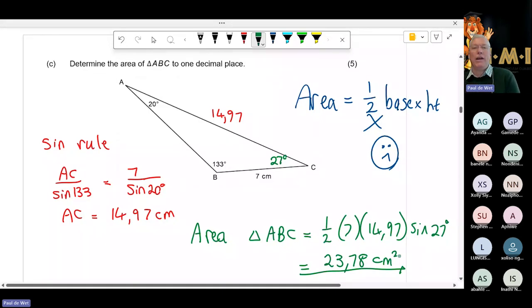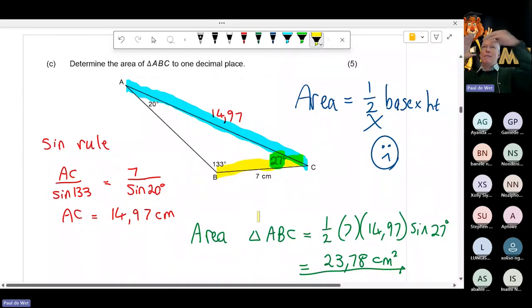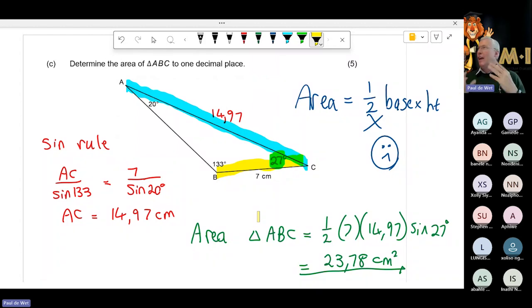Remember that our area rule needs a side, an angle, and a side. I always say it looks like a crocodile jaw with a buck in the crocodile's mouth. Okay. That's where the area rule works.